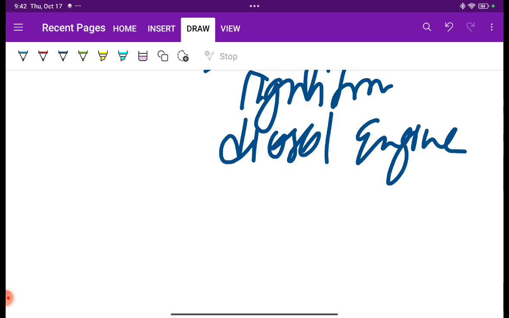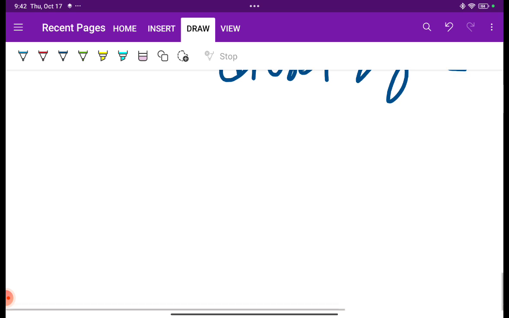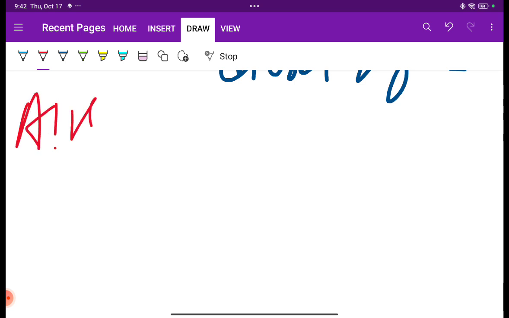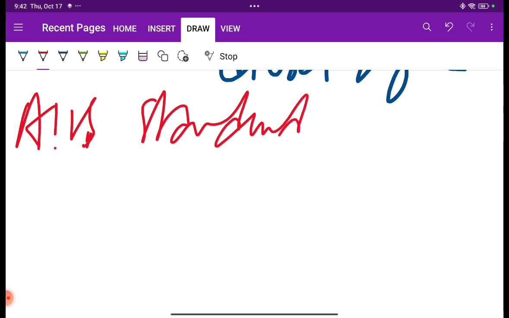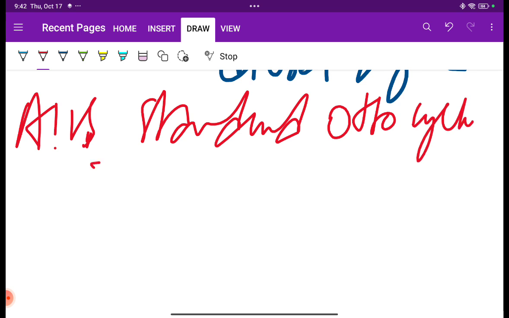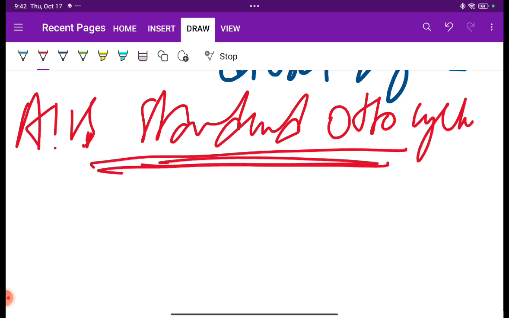So now, as we understood what is IC engine, we will study air standard Otto cycle. So first understood what is this air standard Otto cycle.